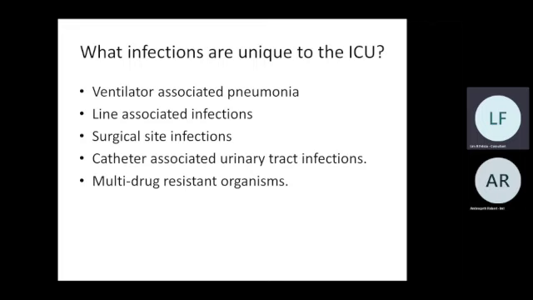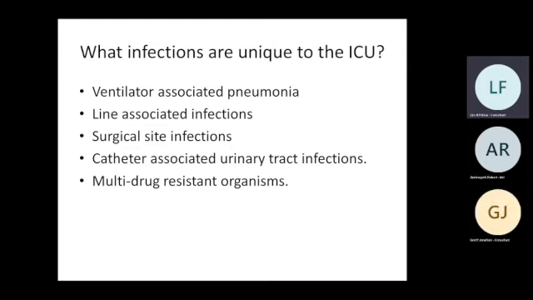You put lines in frequently, not just one, but several, then you ventilate them. So you've got lots of plastic inserted into the patients, via your ET tube, your catheters, or your lines. And the third factor is that we use lots of antibiotics in ICU. All that in combination predisposes patients to more infections and more resistant infections as well.